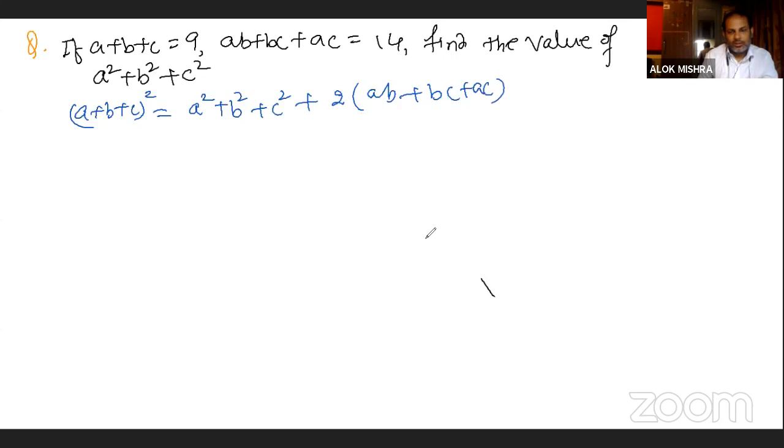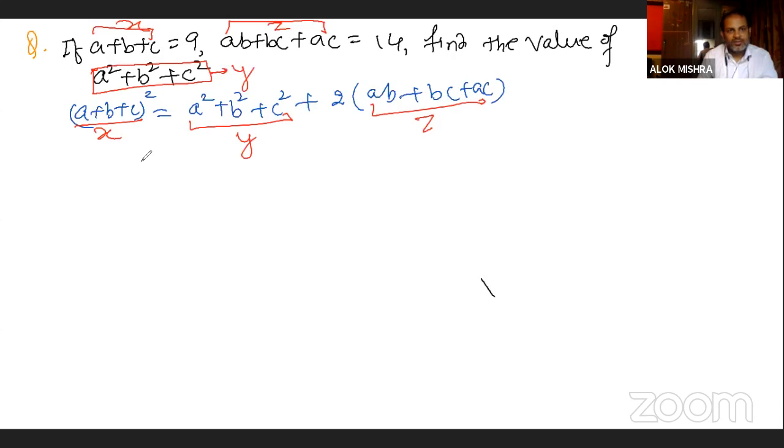And what we had written in the previous slide, we had taken this as X, this as Y, and this block as Z. So this term is nothing but X, this is Z, and this part is nothing but Y. So let's substitute the values.